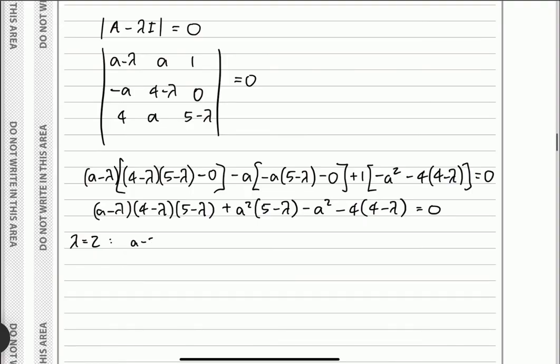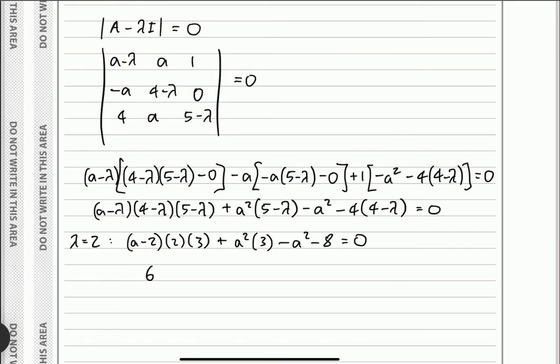So we've got 2 minus 2 times 2 times 3 plus a squared times 3 minus a squared minus 4 times a, 2 is 8.